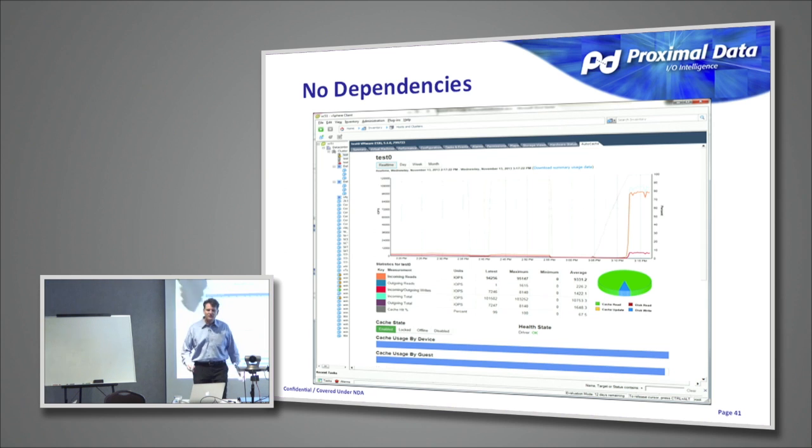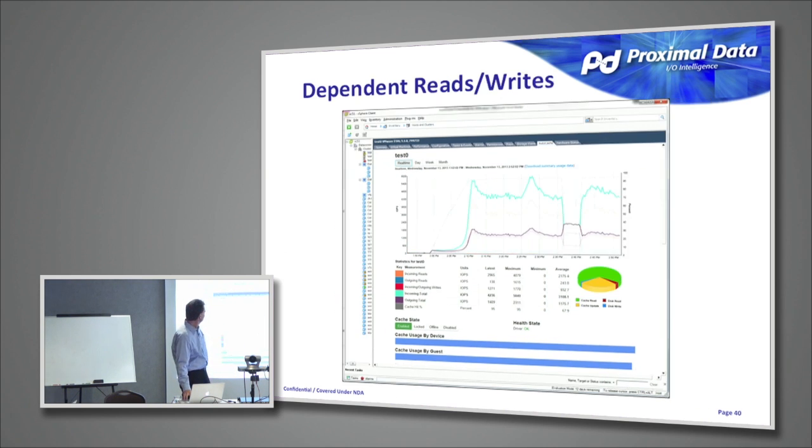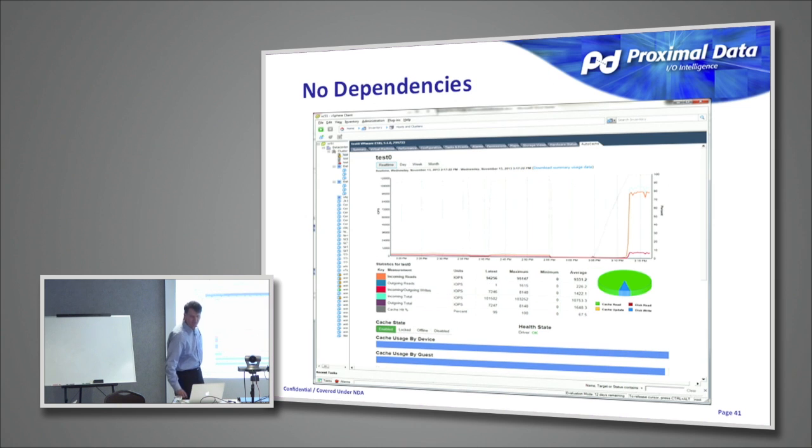And so, the exact same workload, exact same storage infrastructure, real-world type conditions with dependencies between reads and writes, getting about 4,200 IOPS. Same hardware, same workload, remove that dependency, I'm at 101,000 IOPS, right?